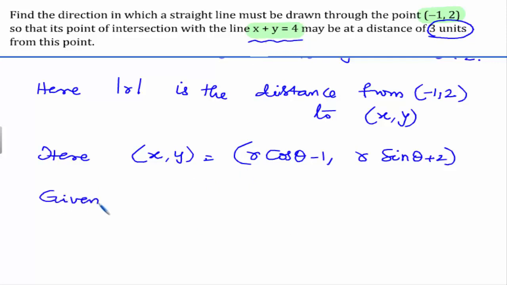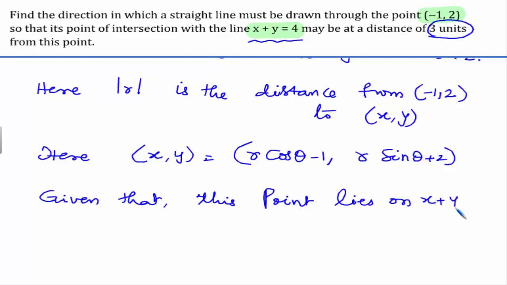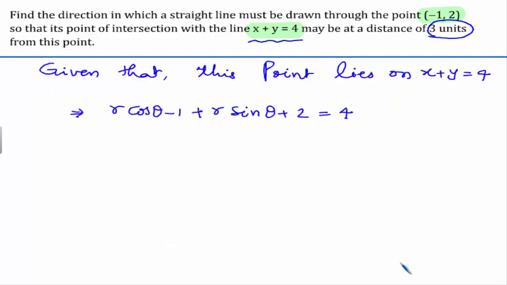Given that this point lies on the equation x plus y is equal to 4. Now let us substitute this: r cos theta minus 1 plus r sin theta plus 2 is equal to 4, and here the distance is given as 3 units, so therefore modulus r is 3.